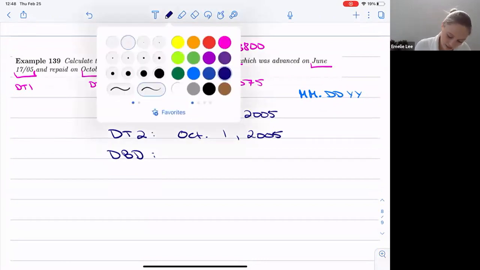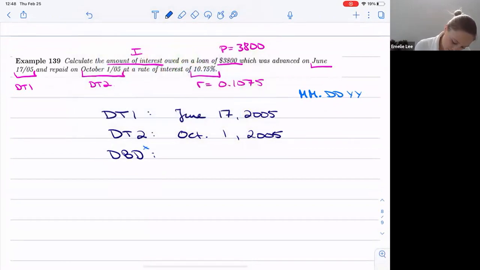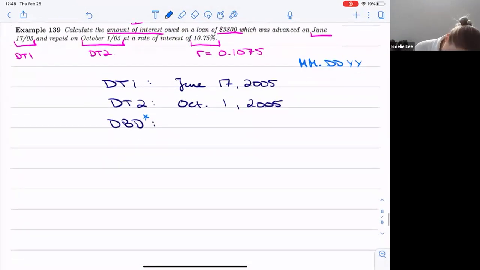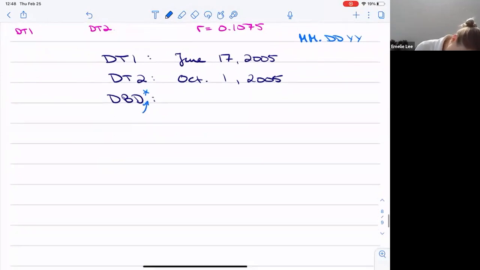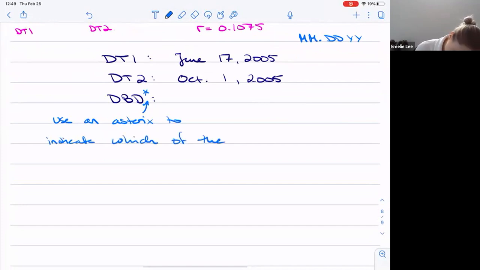And what I do is I use a little star to indicate which one I'm solving for, right? Use an asterisk to indicate which of the three you are solving for.